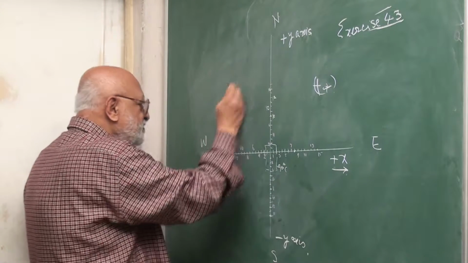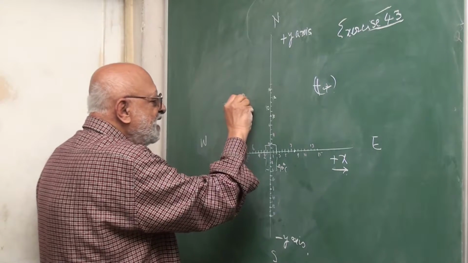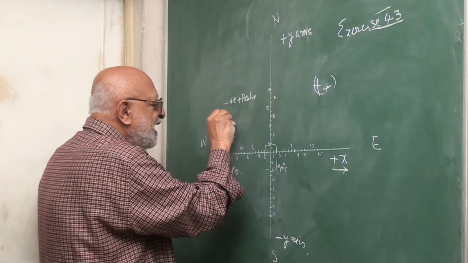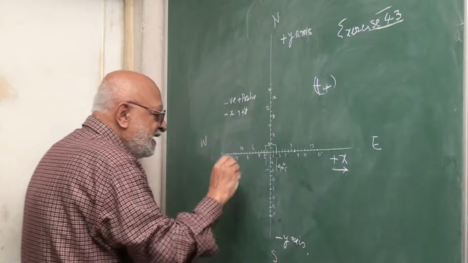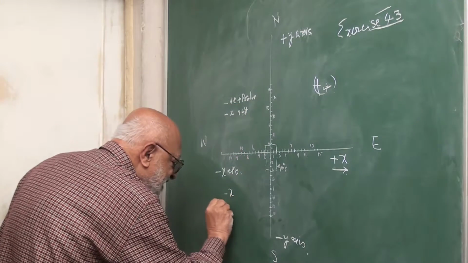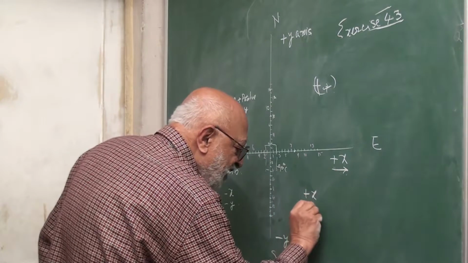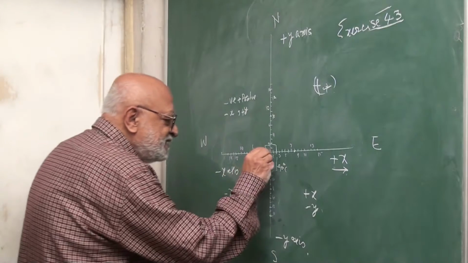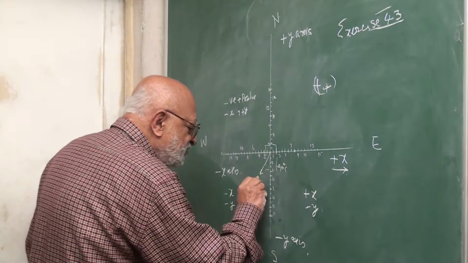This is the other way, negative and positive, which means x is negative and y is positive. Here both of them are negative, x negative, y negative. Here x positive, y negative. And this point is not called origin, it is called (0, 0).